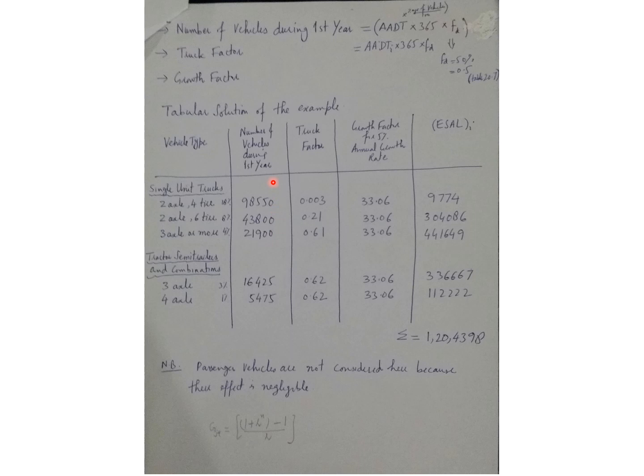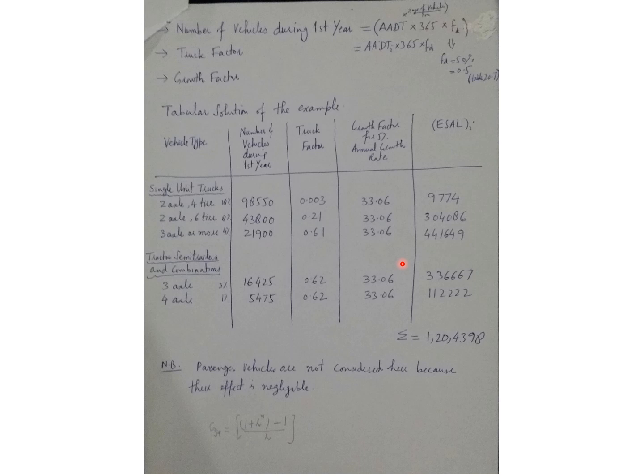Now from this column onward, we are having the solution of the problem. Truck factor we can get from the table, 0.003 for this particular type of vehicle, 0.21 for this, and so on. And then the growth factor for 5% annual growth rate, that is 33.06. Either you can use the formula for the growth factor or you may consult the table. So we have got the growth factor, that is 33.06.